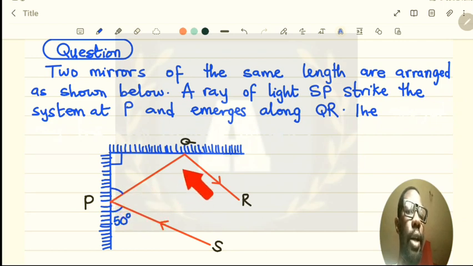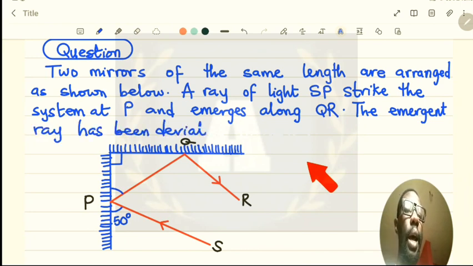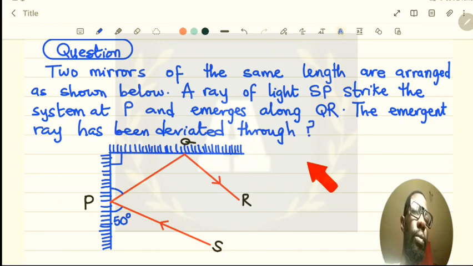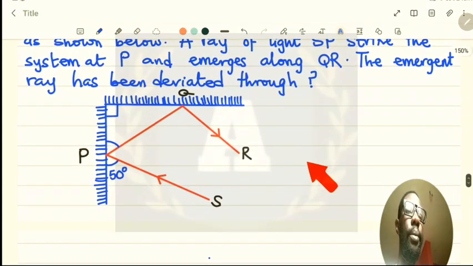It strikes here, and then emerges along QR. Now the question continues: the emergent ray has been deviated through what angle? Now here we have to be very careful to get the total emergent ray.